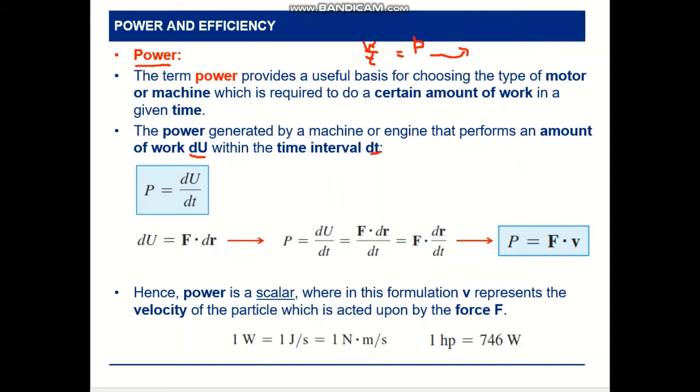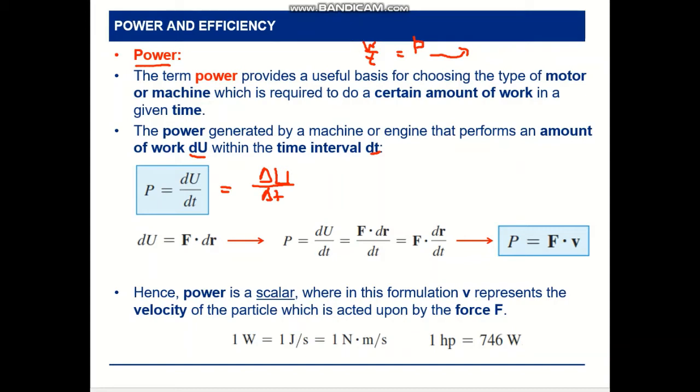So the power is equal to dU over dt in derivative form, or in the macro scale, the change of work over change of time, over a given time period.